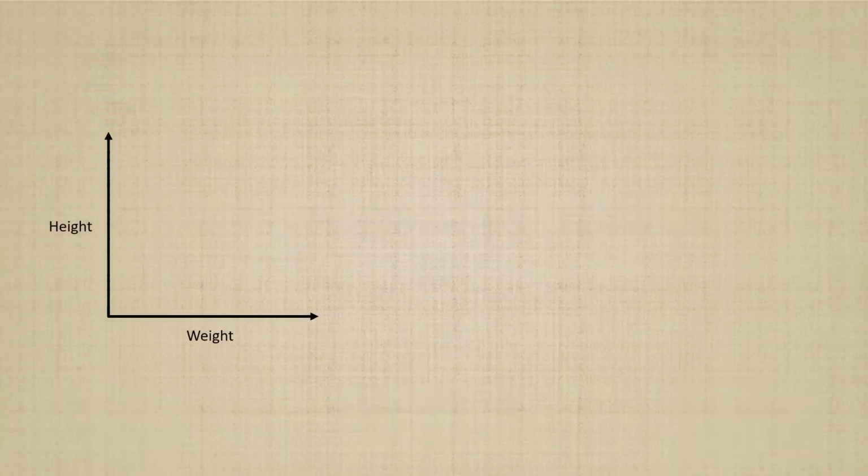The effect size also affects the power to detect relationships between variables. The relationship between height and weight is shown by the trend line. Because there's a strong relationship between height and weight, the data points are close to the trend line, so it's possible to see the relationship between height and weight in a small sample.